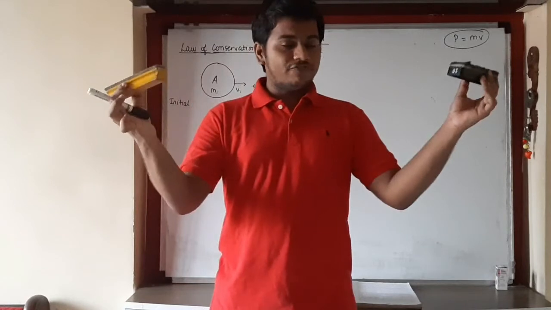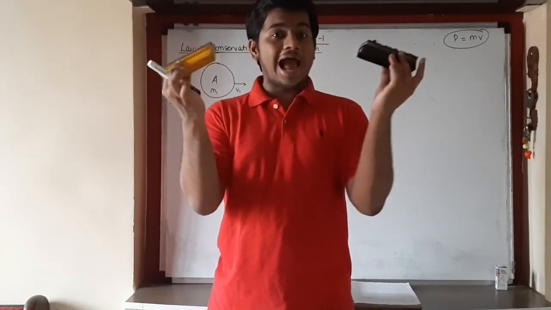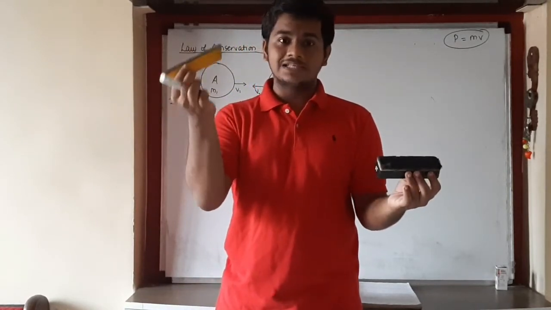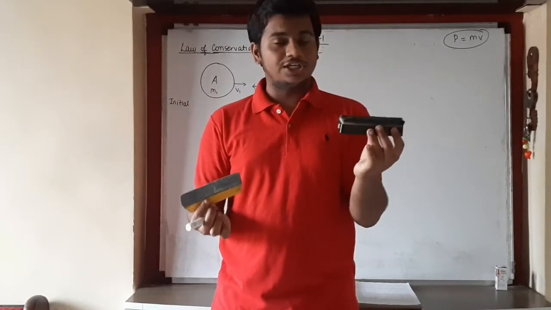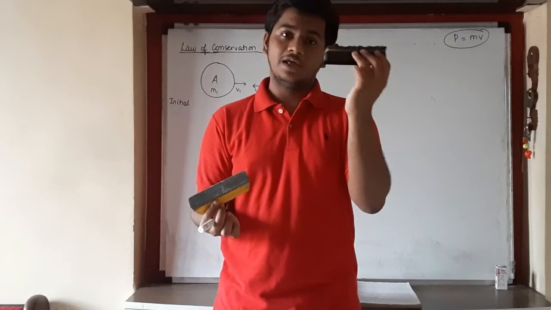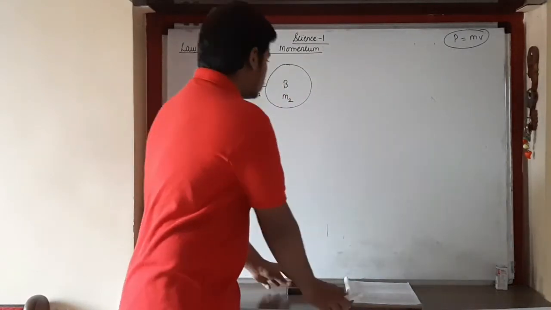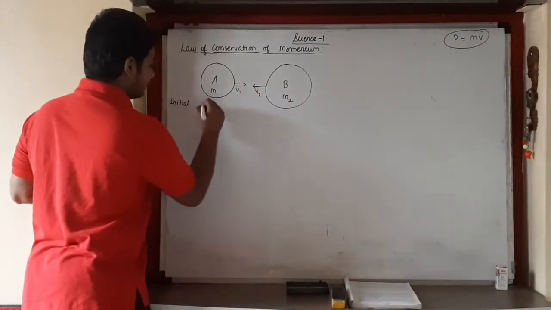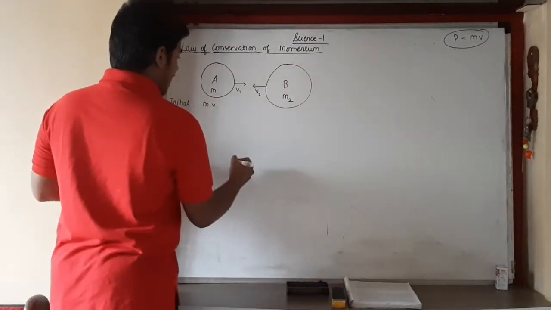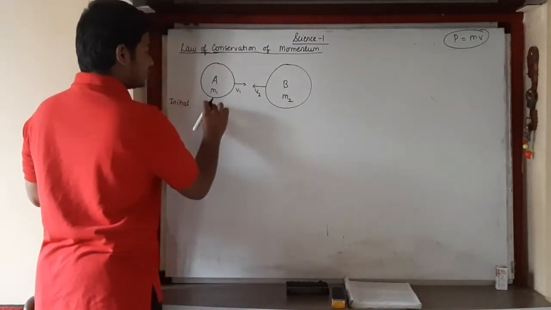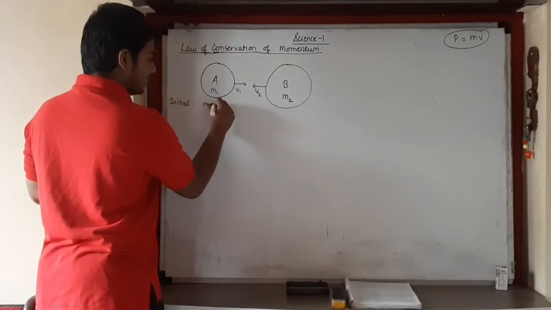So before colliding, they have some momentum because they have mass and they have velocity. Object B also has mass and velocity, so there is some momentum in object B as well. So let the initial velocity be denoted by u.